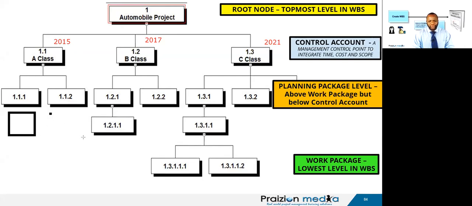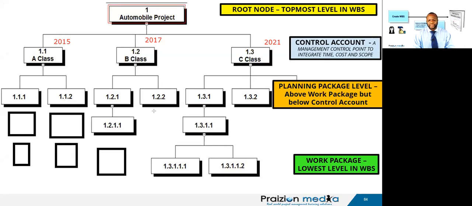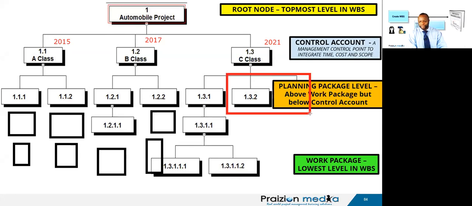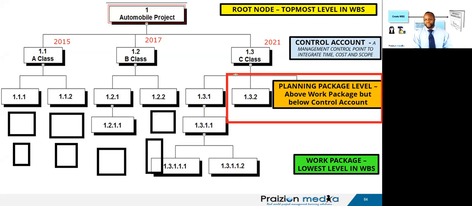Just imagine that we have decomposition that went down to the right levels here. Okay, so there is nothing undecomposed. Everything has been decomposed except the planning package level. So right here, the planning package level, we can see this has not been decomposed. Why? Because 2021 is still further out.